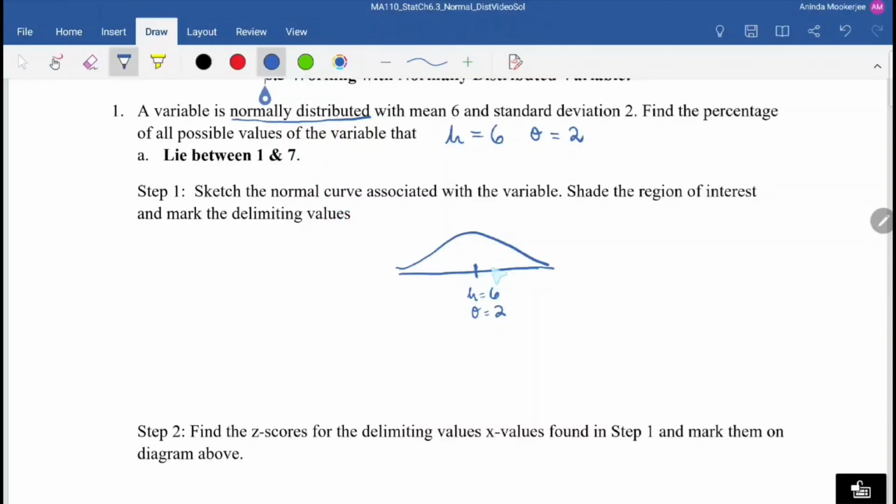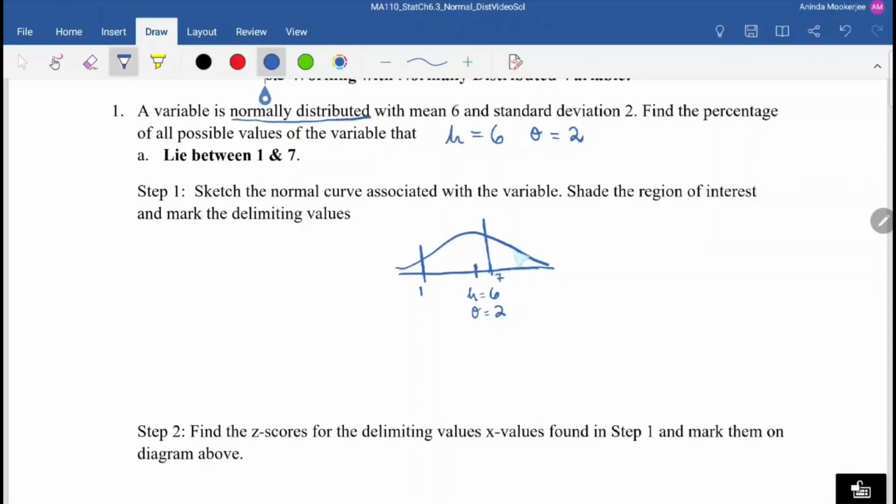So if 6 is here, then 7 will be a little bit to the right of 6, right over here, and 1 will be way to the left, probably somewhere here. Let me mark it here. All right, and I'm going to extend the lines vertically from 1 and 7.